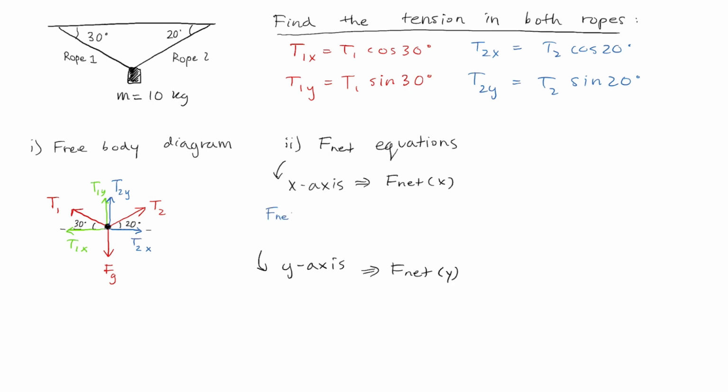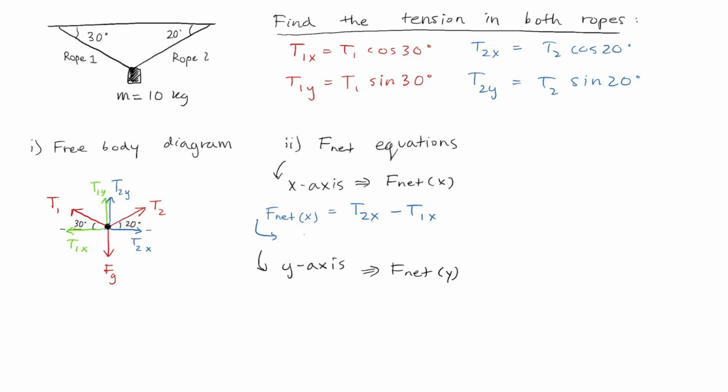F net x is the sum of all the forces acting along the x-axis. So F net x is equal to T2x minus T1x. T1x is negative because it's a vector that points to the left.